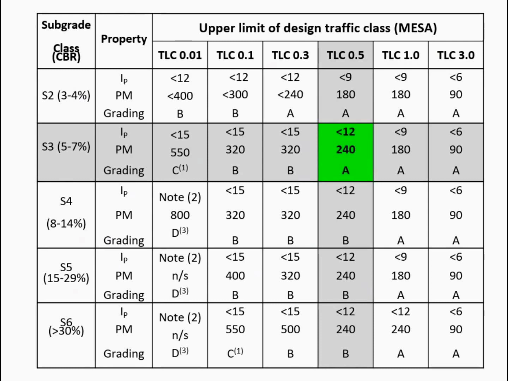The plasticity modulus needs to be less than 240, and it has to be of particle size distribution grading A, which is a good grading. So that's for the road base.